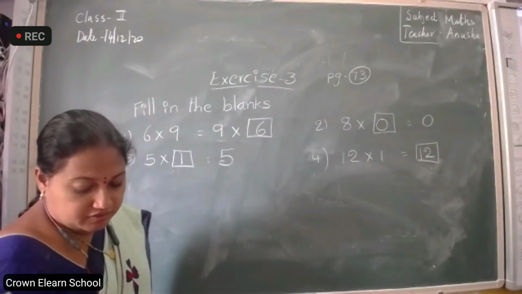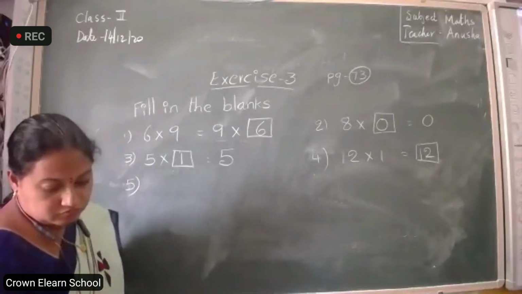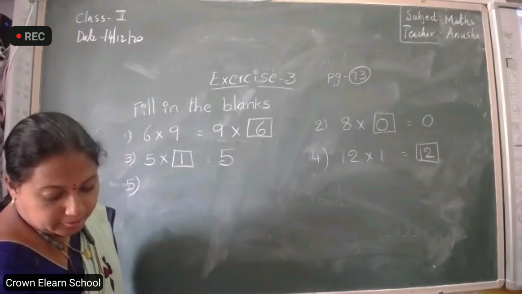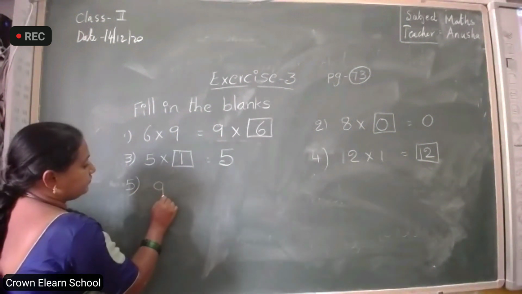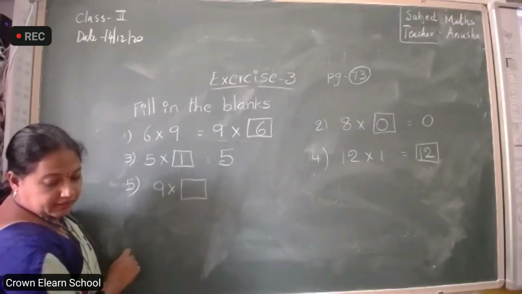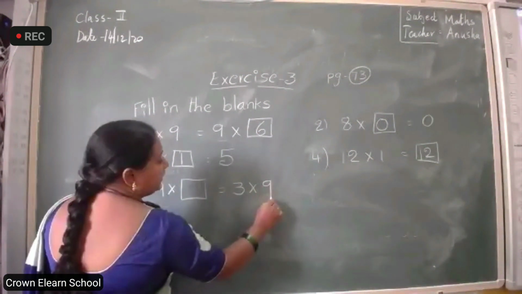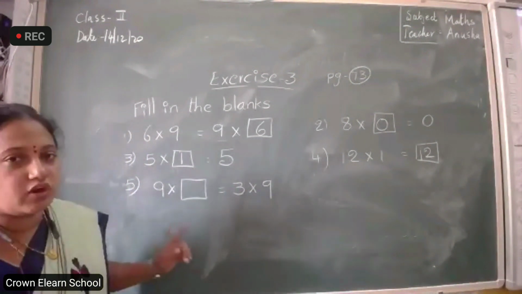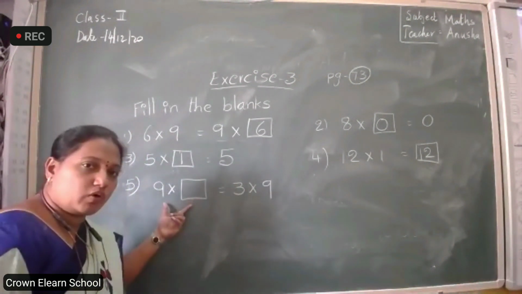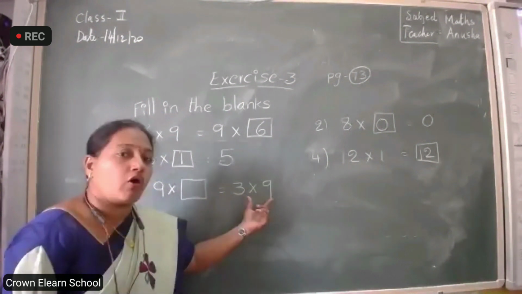Now next one, fifth one. 9 into blank is equal to 3 into 9. In this case, as I told, look at what numbers are there before the equal sign and after the equal sign; you have to use order property.